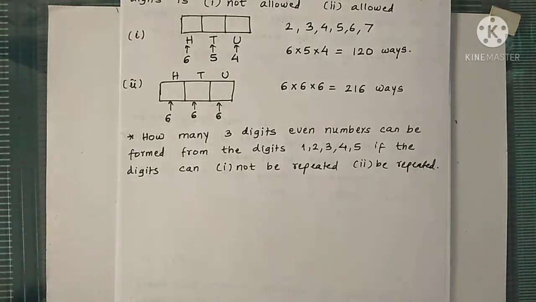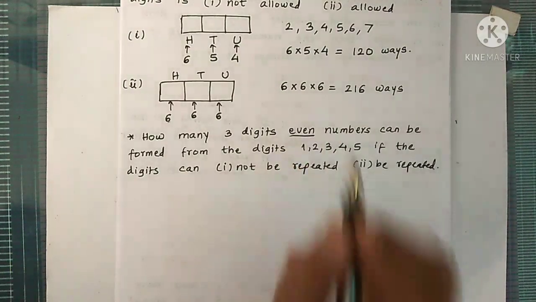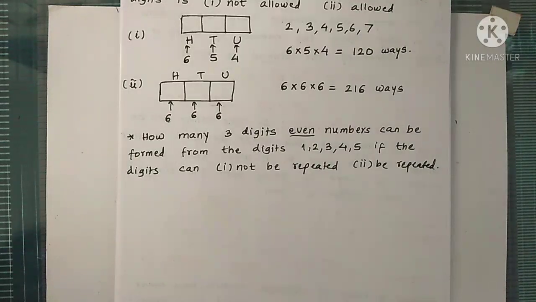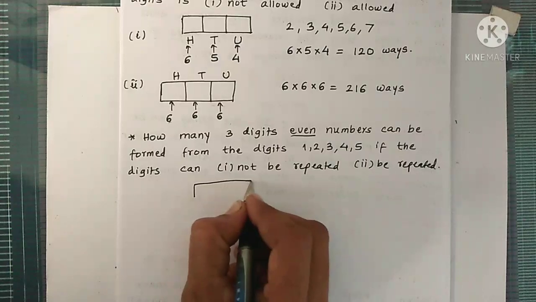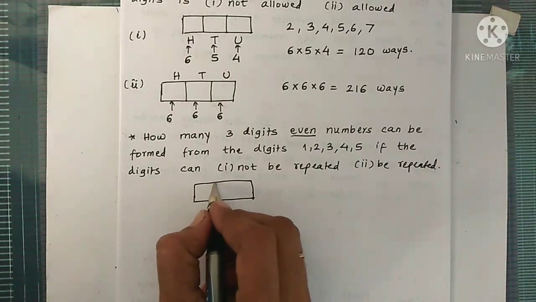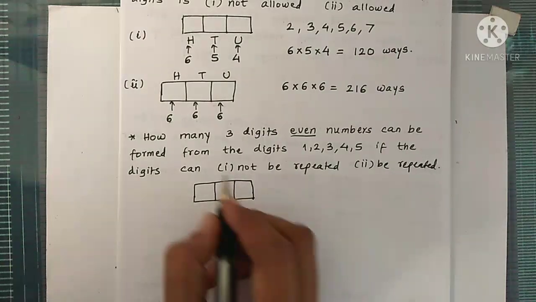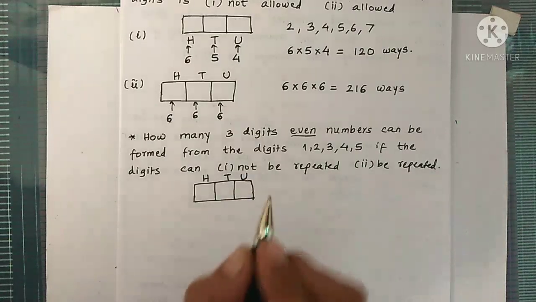So the next question is how many 3-digit numbers, but those are even numbers now. 3-digit even numbers can be formed from the digits 1, 2, 3, 4, 5 if the digits cannot be repeated and can be repeated. So again we have to form a 3-digit number. So if a 3-digit number is to be formed, that means we have to fill hundreds place, tens place and units place.